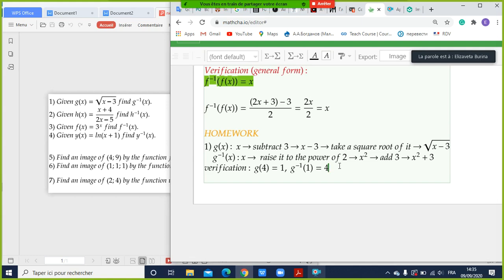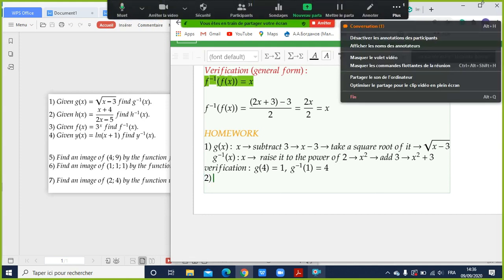Now we move to the second function, and here it is the same. We were supposed to make sure that it is a one-to-one, and it is, so we can just move to getting the inverse.